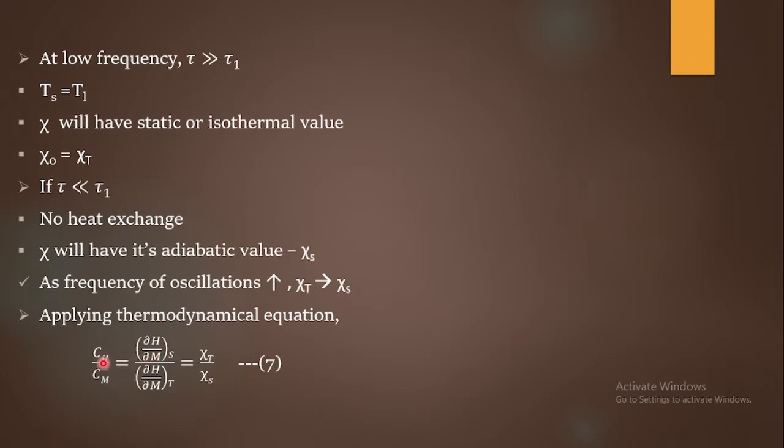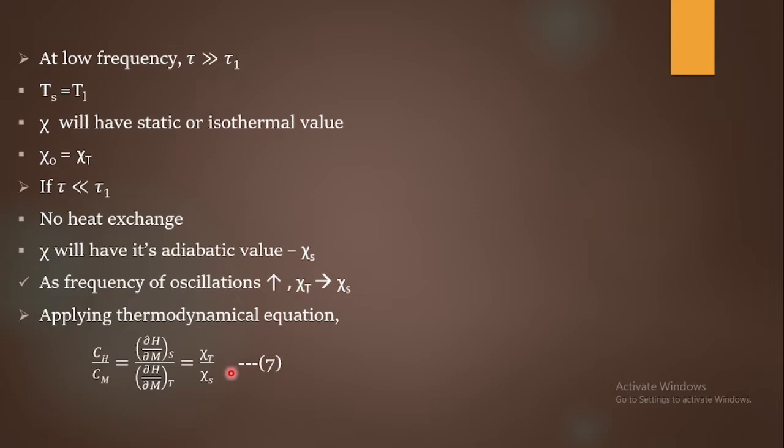So that can be given as Ch is dou H by dou M at S, which means the adiabatic value. The susceptibility is nothing but M by H. Generally we write chi equals M by H, but here we have dou H by dou M, which is the inverse of M by H. So it will be equal to chi S in the denominator, and in the numerator we have chi T. Let us call it equation number 7.